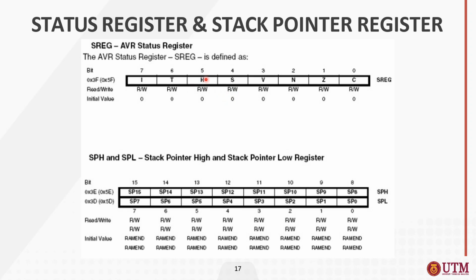It is located at bit number 5 of the status register. It will be set if there is a carry from bit 3 to bit 4 in an arithmetic operation. It is very useful in binary coded decimal. So if there is a carry from bit 3 to bit 4, H will become activated, meaning it will become 1.